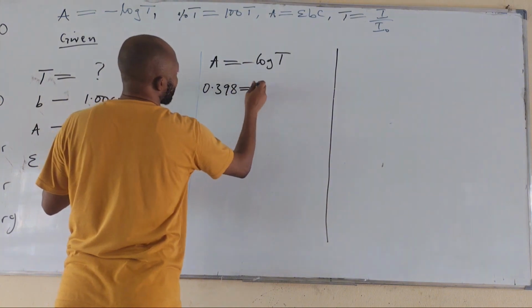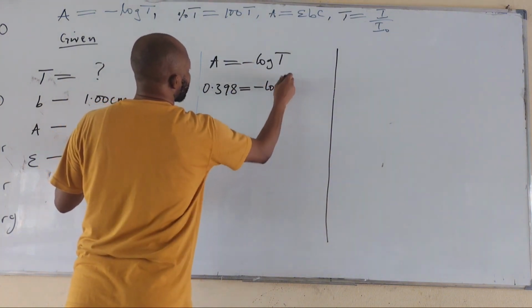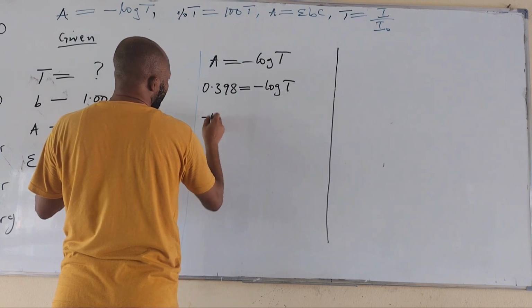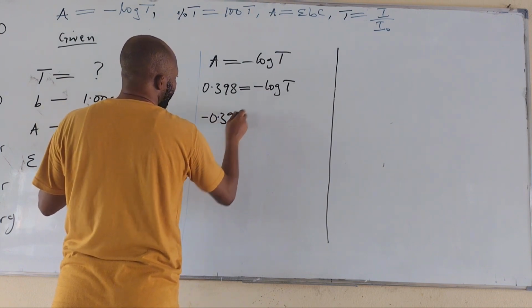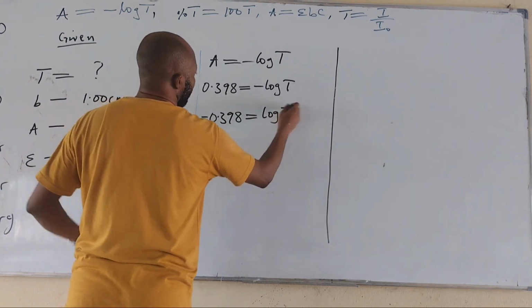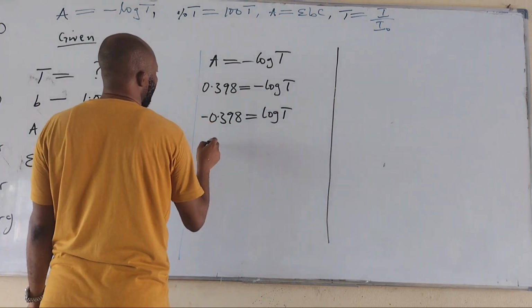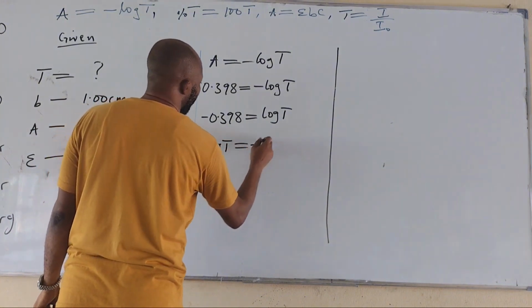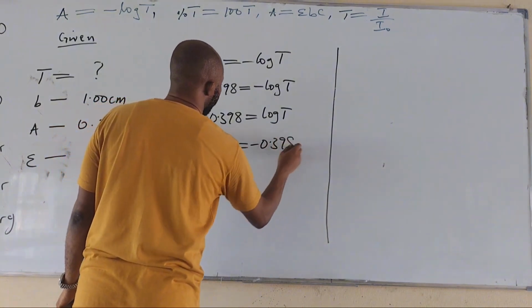So 0.398 is equals to minus log of T. Dividing both sides by minus, I have minus 0.398 is equals to log of T. So log of T is equals to minus 0.398.